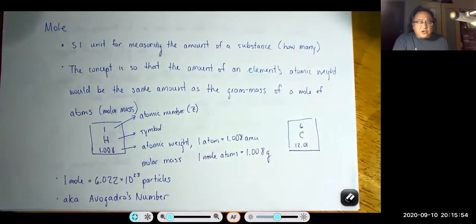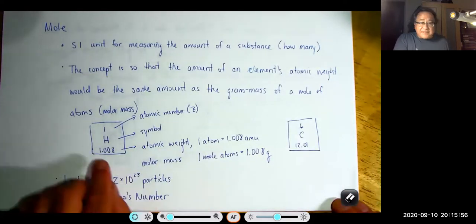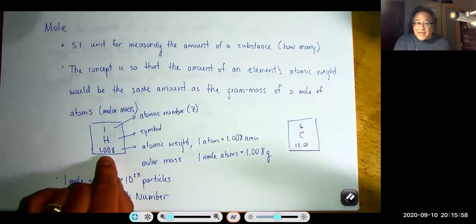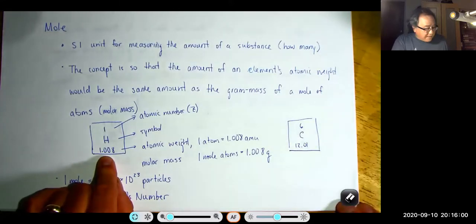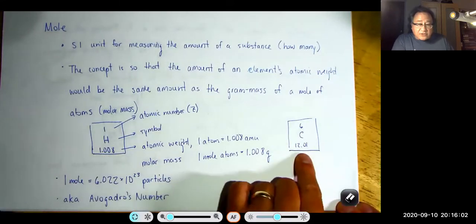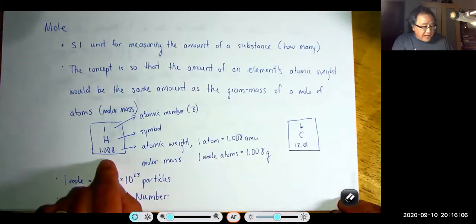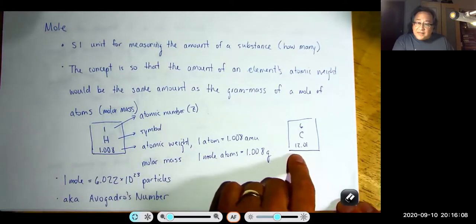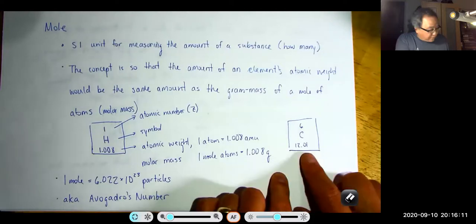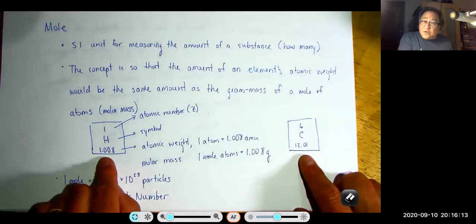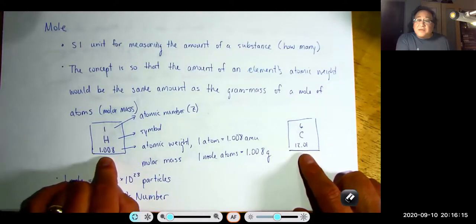Okay. So imagine we had a gram of hydrogen, there would be a certain number of hydrogen atoms in there. Now imagine if we had 12 grams of carbon, 12 times the mass, how many carbon atoms would be in there? And the answer is, whatever that number is for hydrogen in 1 gram, there'd be the same number of carbon in 12 grams.